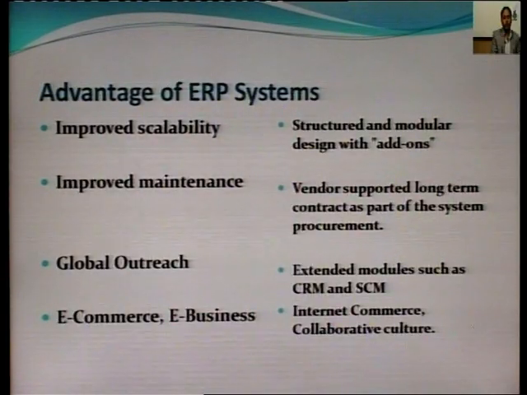E-commerce and e-business. The ERP system also provides e-commerce. E-commerce is online shopping and similar things, and e-business. These functions are provided with internet connectivity, internet commerce, and collaborative cultures.